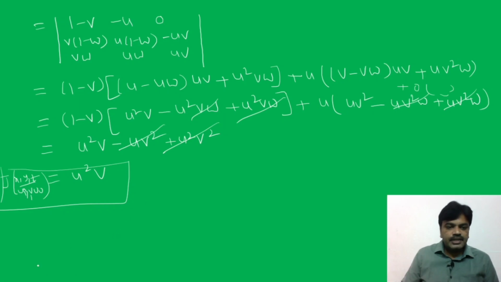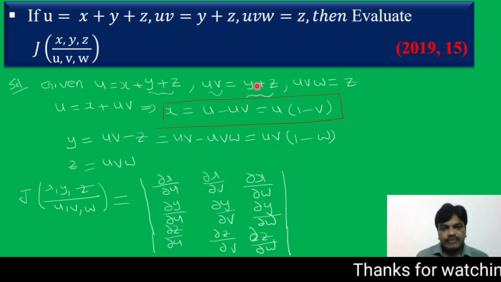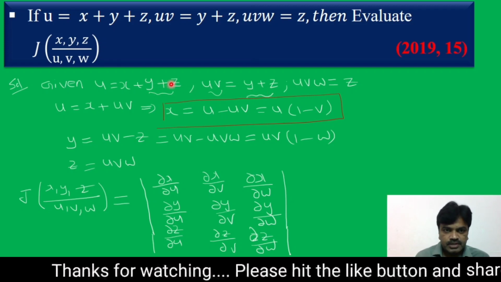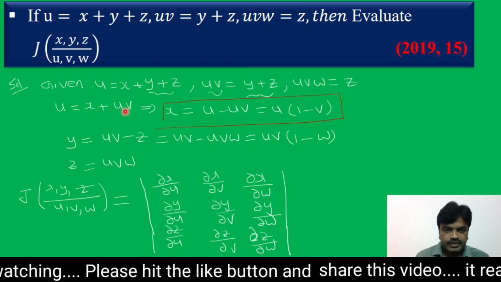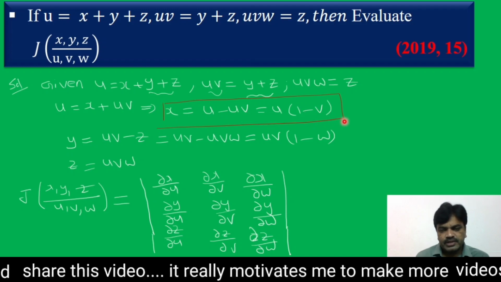Okay, once again: it is given u is equal to x plus y plus z, uv is equal to y plus z, uvw is equal to z. Then find J of x, y, z by u, v, w. It is given u, v, w in terms of x, y, z, friends, but we need x, y, z in terms of u, v, w. For that I know y plus z is equal to uv, so in place of y plus z, I substitute uv. Then I get x is equal to u minus uv, or u of 1 minus v.